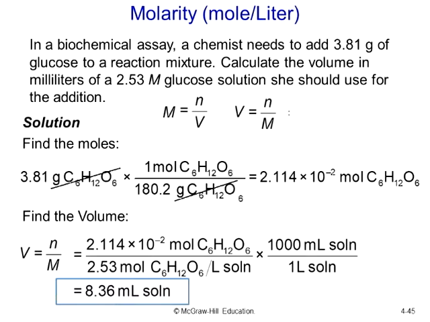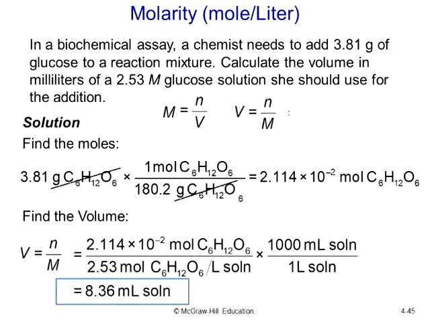The formula for molarity is moles over volume, the volume in liters. We can rearrange this to solve for volume, where volume equals moles over molarity. Therefore, the first step is to find the number of moles.